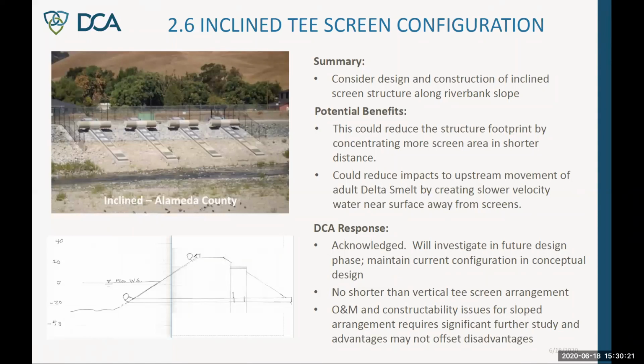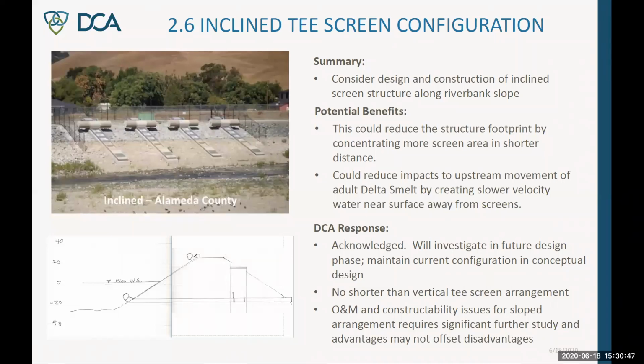However, there's a lot of disadvantages associated with operations and constructability that may offset those advantages. They're a lot harder to maintain because they're a lot harder to pull up the screens on that slope. And then the constructability of these things is highly questionable because they're in the river. Like the picture shown here, they're able to construct them in the dry. We wouldn't have that option.